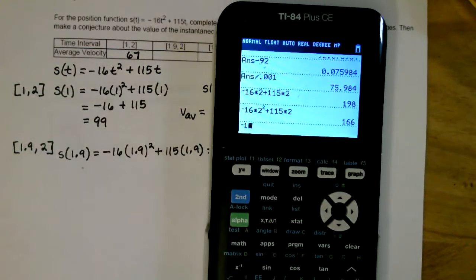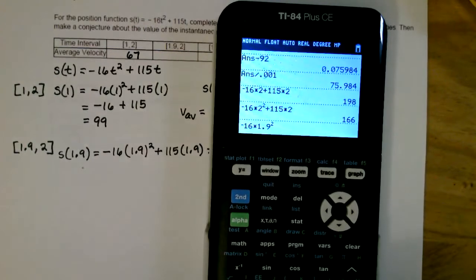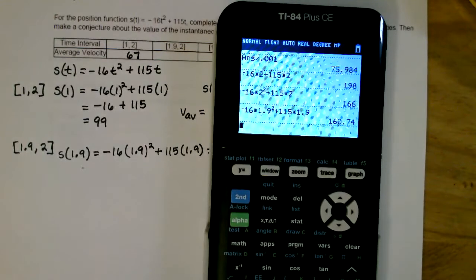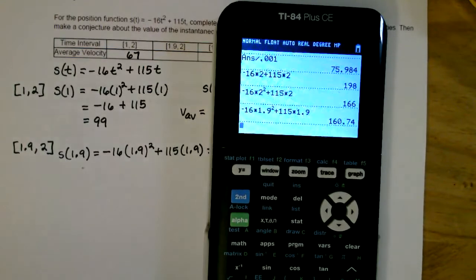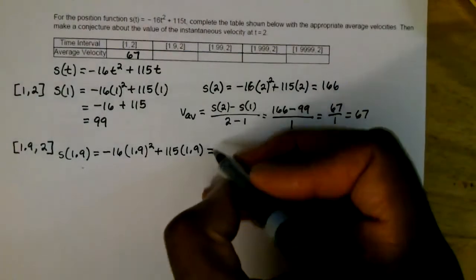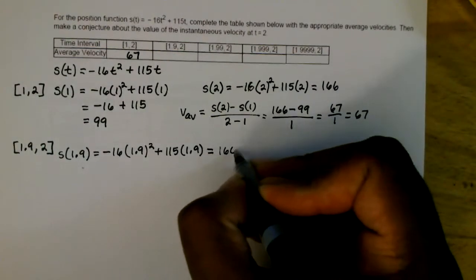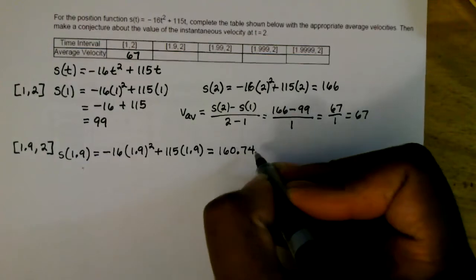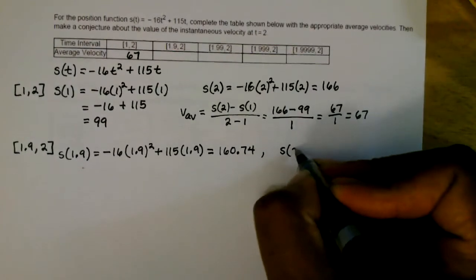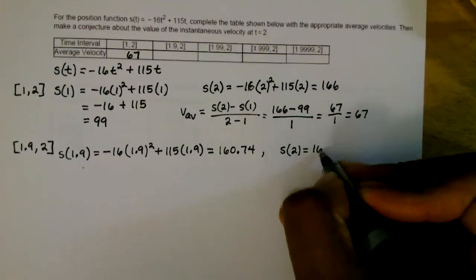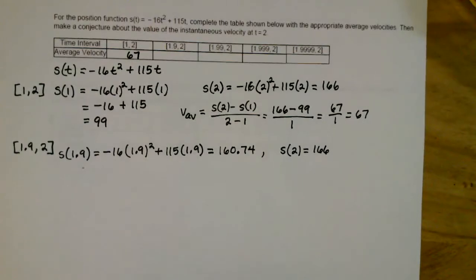And that would give me 160.74. And I already know what S of 2 is. That's 166.